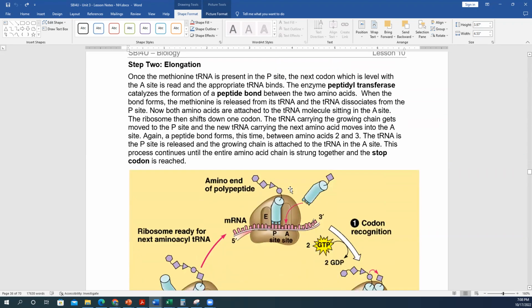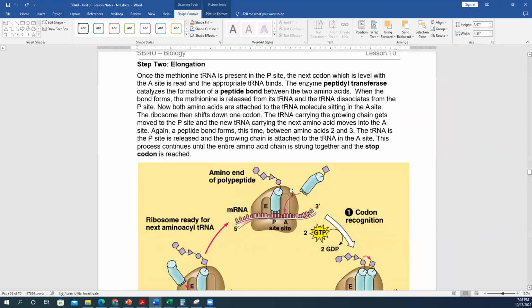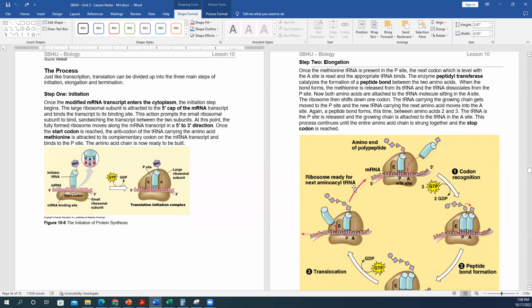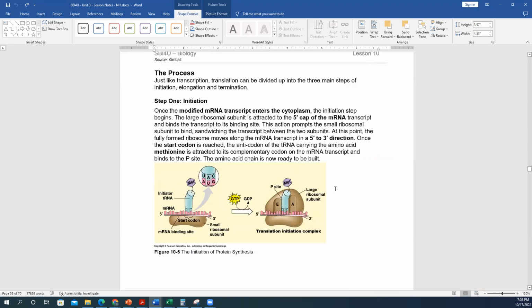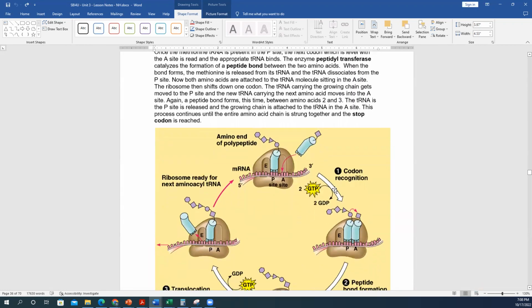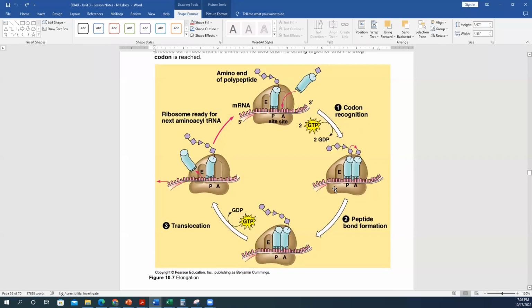So the second step, elongation. Once that methionine tRNA is present, let's back up a little bit and look at that picture as a whole.